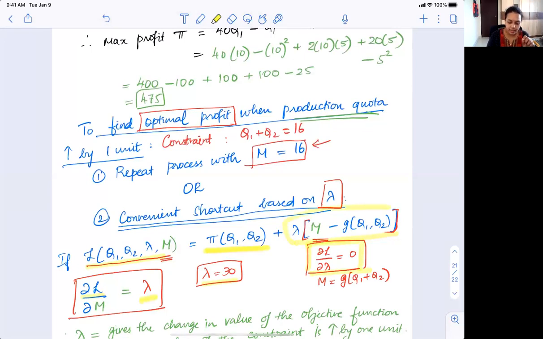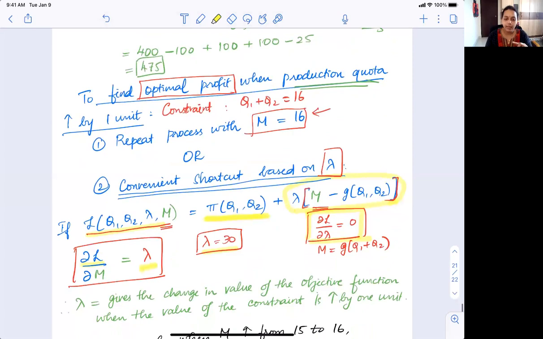So this entire term is now 0. So your Lagrangian function just becomes the profit function. So dou L by dou M is equal to just lambda. And that tells you that lambda gives you the change in value of the objective function when the value of the constraint is increased by 1 unit.